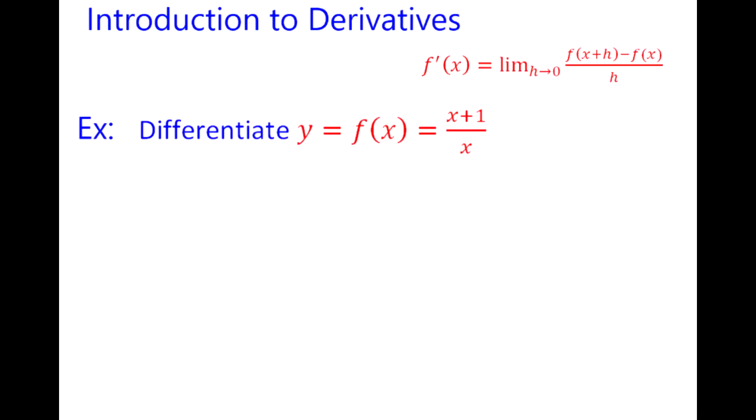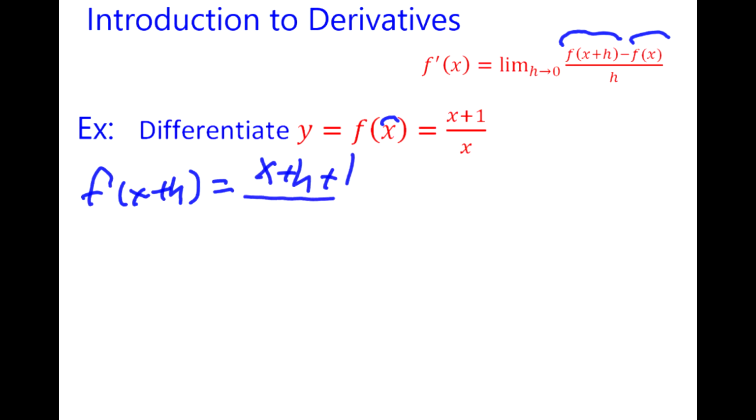And this is our next question, guys. We have differentiate f of x where it is x plus 1 divided by x, and our formula is here also. So what we're going to do is find f of x plus h. f of x is already given to us, so f of x plus h is equal to, all we need to do is put x plus h instead of x here. So it's going to be, of course, x plus h plus 1 divided by x plus h, guys.